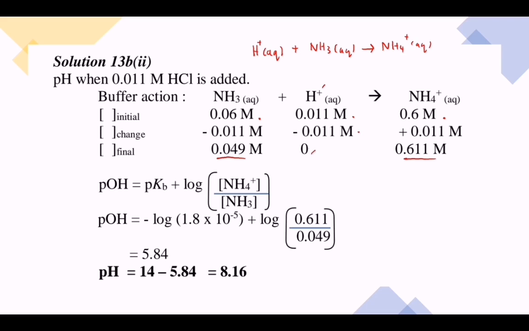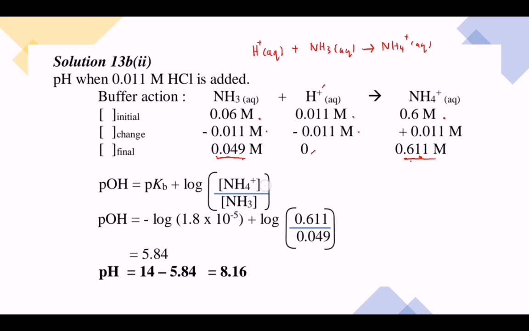For NH3, we will subtract the concentration of H+, so we will get 0.049 molar. And for NH4+, add 0.011 molar, so you will get 0.611 molar. So keep in mind, reactant always decreases and product always increases. Now we have the new concentration.